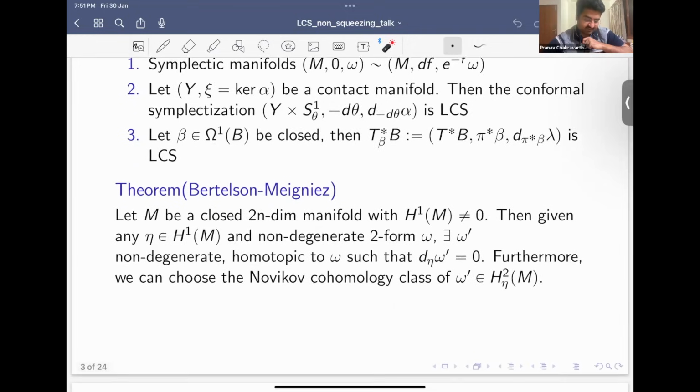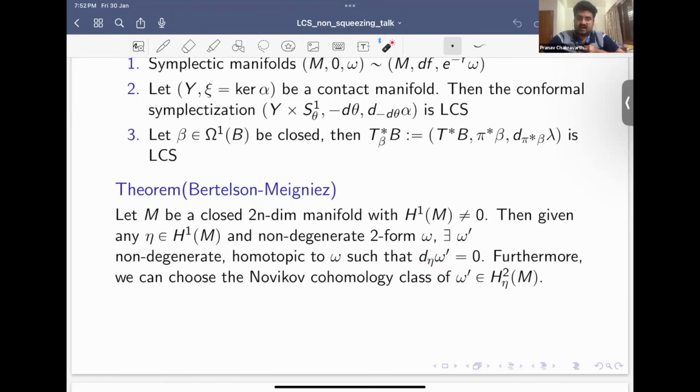Okay, and in fact, there's a theorem of Bertelson and Méniès, which generalizes a theorem of Eliashberg and Murphy, that says that LCS manifolds are plentiful. So given any 2n-dimensional manifold with first homology class not equal to 0, and given any form eta and a non-degenerate 2-form omega, there exists omega prime which is homotopic to omega through non-degenerate 2-forms, such that the twisted differential of omega prime with respect to that fixed eta is 0.